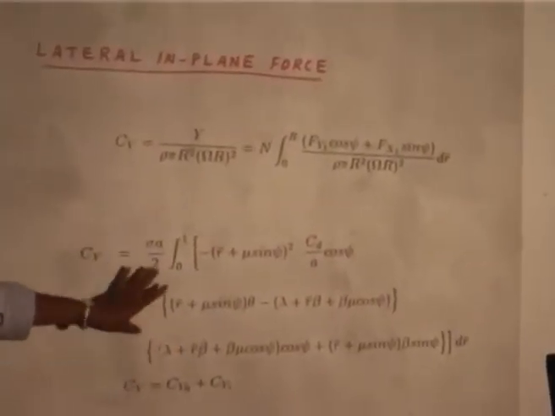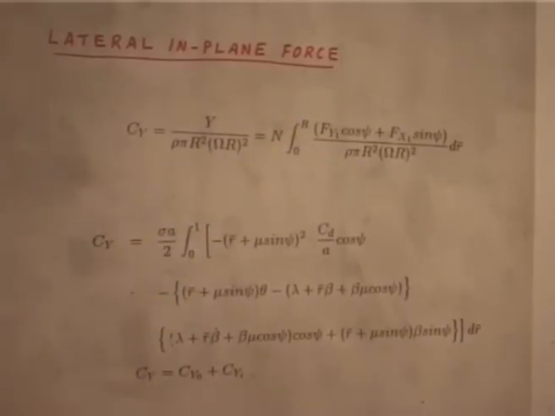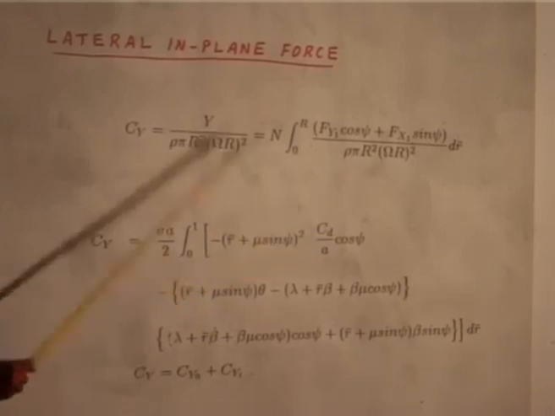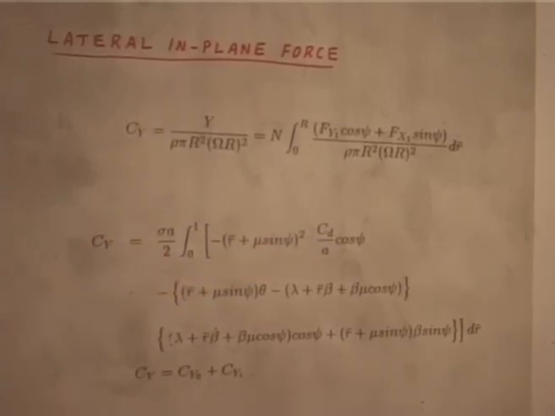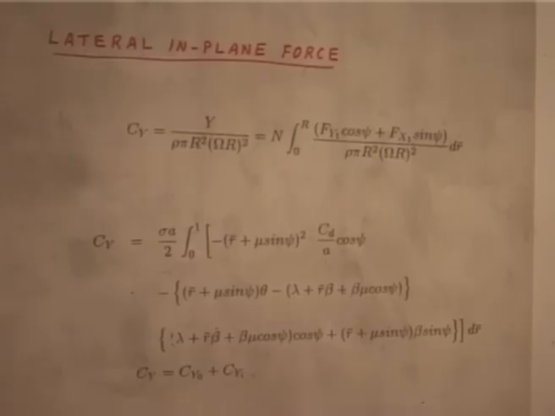I have actually gotten this expression after substituting for Fy1, Fx1, collecting the terms, and I split the terms into 2 parts, one due to CD, the profile drag, and other terms we call the induced drag term, which is independent of CD. So, you collect the CD term and the remaining term basically comes from the lift, that is the induced drag term.